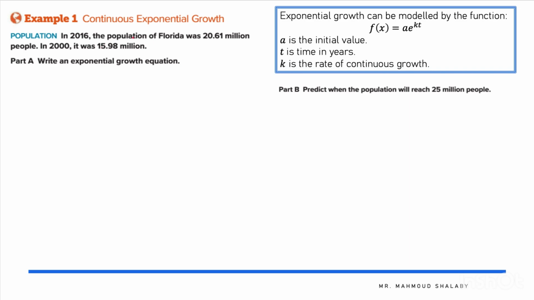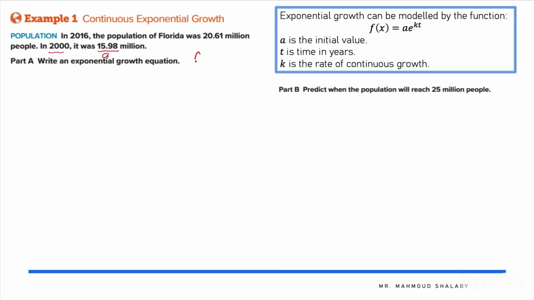This question is a bit confusing because they started with the later year. But which year comes first? Of course 2000. This means this will be our initial value, a.